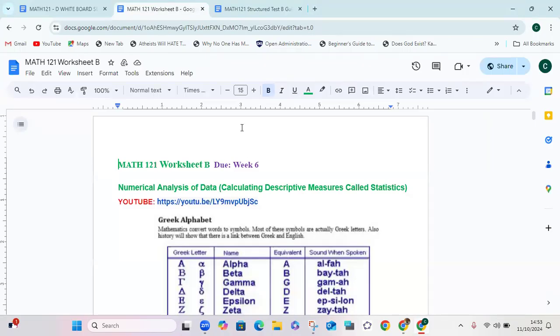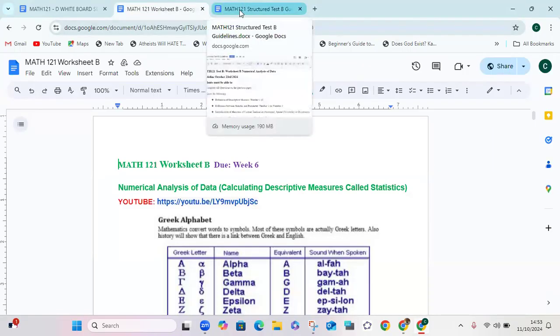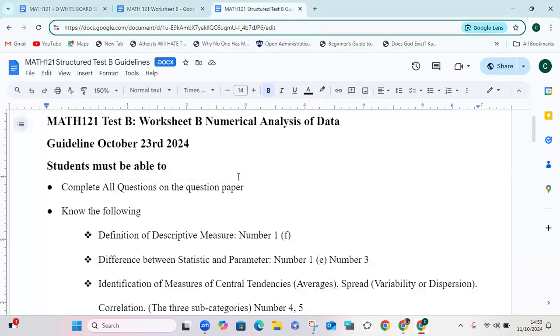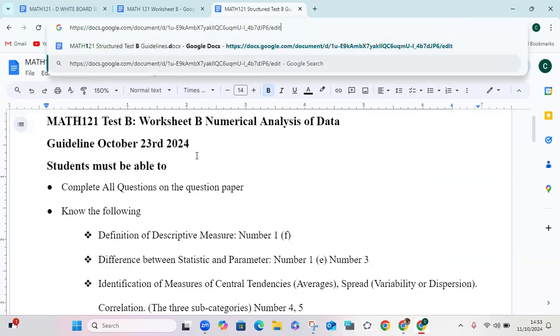And then after now, this is followed by a test B. As you can see in the guidelines, there's a guideline available. Test B is due on the 23rd of October, 2024. And here is the guideline for it.